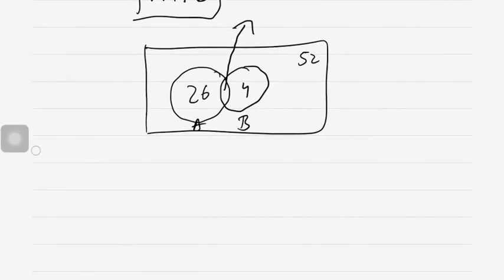Those 2 aces are common because they are black. My event A was black cards and my event B was ace cards. So which is common here between A and B?